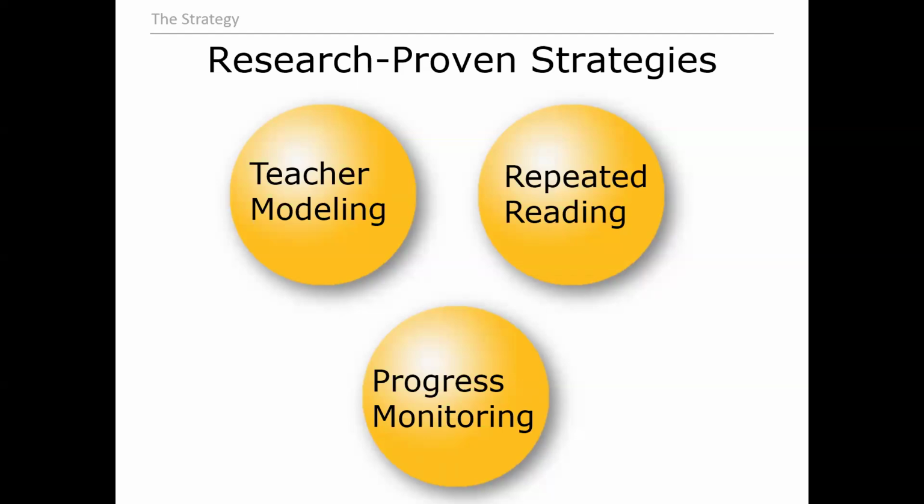In Read Live programs, our students have a specific individualized reading rate goal, and they know exactly what they need to do to meet it. They're going to get immediate feedback from the program. They're going to know that they met that goal even before you do. And this progress monitoring is what motivates students to practice reading the same story over and over until they have mastered it.